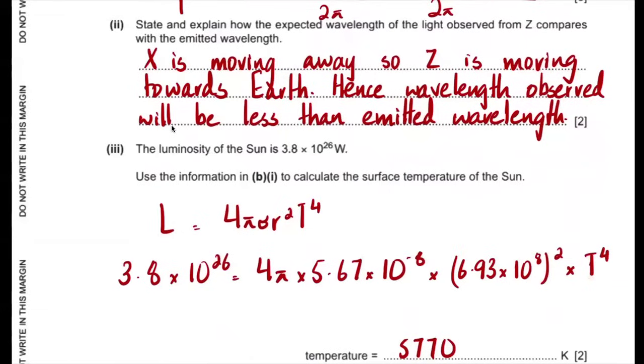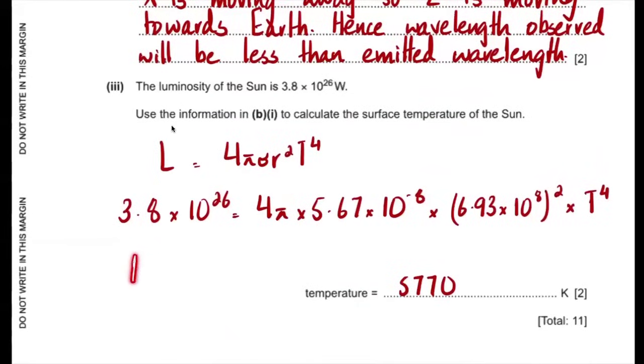From rearranging you get T⁴, but then you'll also need to take the fourth root. How you can do this in your calculator is when you have, for example, T⁴ equals this, and if you need T, you can just raise this to the power of 1/4. I hope nobody gets stuck with this. So that temperature turns out to be 5770 Kelvin, and that wraps up this paper.